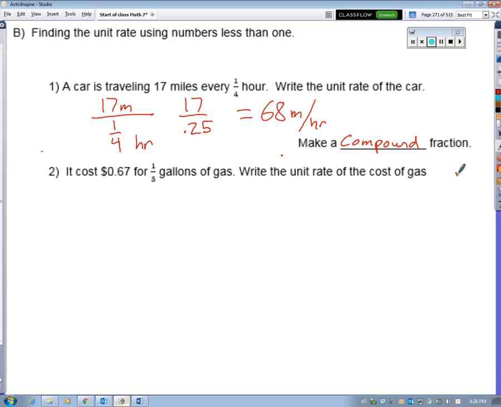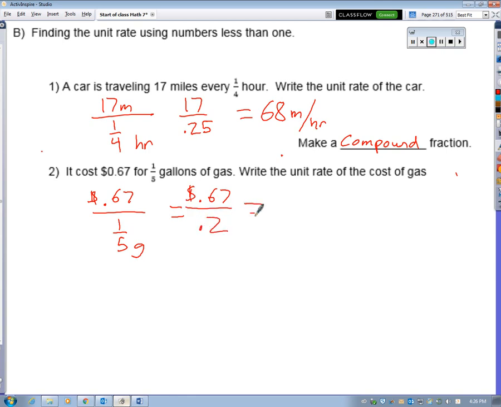Okay, so we're going to make a fraction again, a compound fraction. We're going to take our 67 cents and put that over 1/5 of a gallon. That's a G there for a gallon. And 1/5, I know from chapter 3, if I convert that into a decimal, is 0.2.